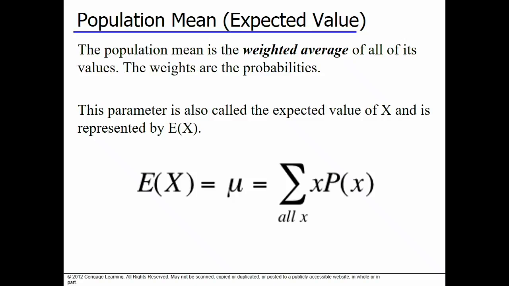Okay, so for example, if I want to figure out the expected number of daughters I have in this situation, I would multiply the first x, which is 0, times 40%, plus 1 times 40%, plus 2 times 20%, and I get 0.8 daughters as the average number of daughters I would have in this situation.